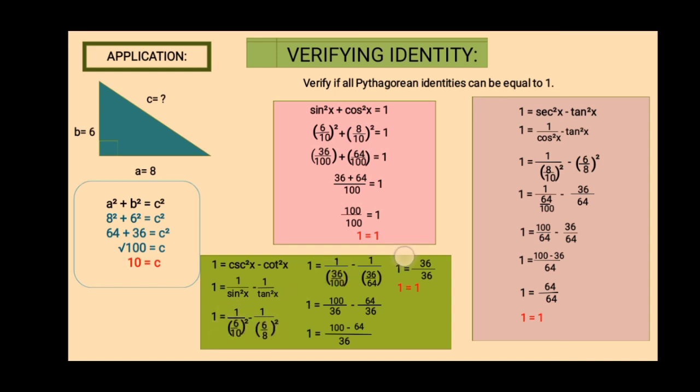Just do the substitution and do the math. That is 100 minus 64 over 36, that is 36 over 36, and that is 1. And that's how we verify that these three Pythagorean identities are equal to 1 with the given triangle.